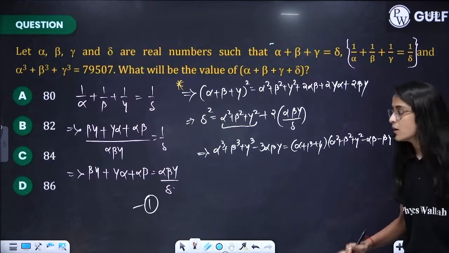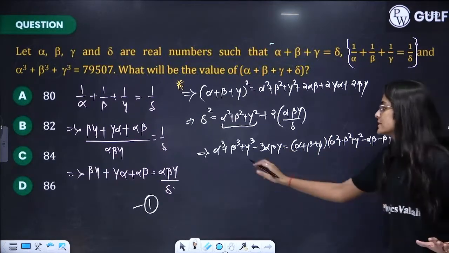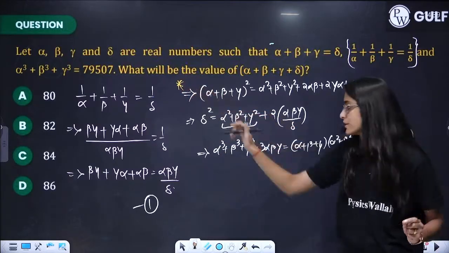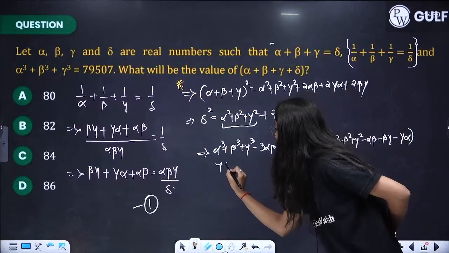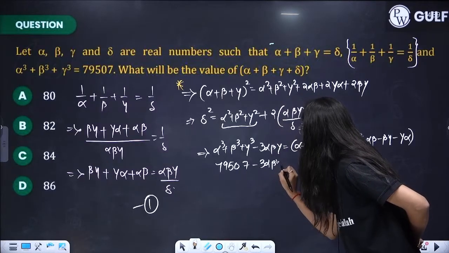Now you may see that most of the terms are provided to you. You have been provided with the value of alpha cube plus beta cube plus gamma cube, that's 79507. Straight away just substitute it over here. Minus 3 alpha beta gamma, we'll write it as it is.